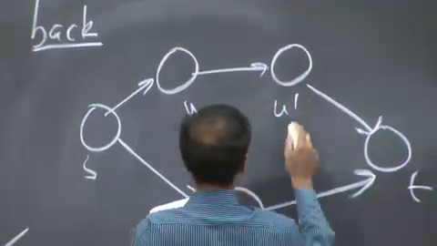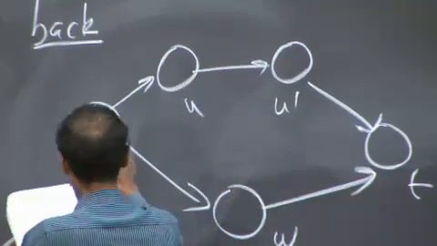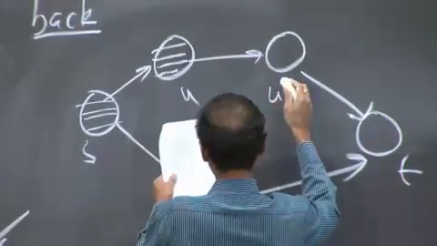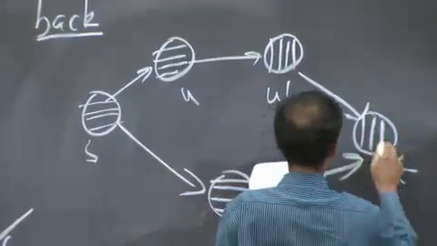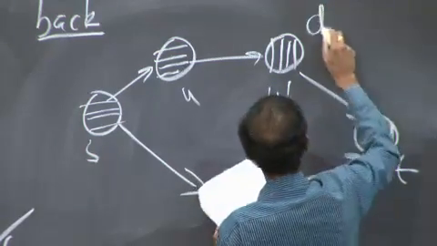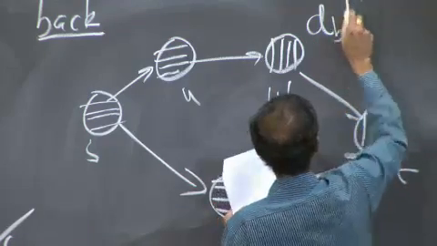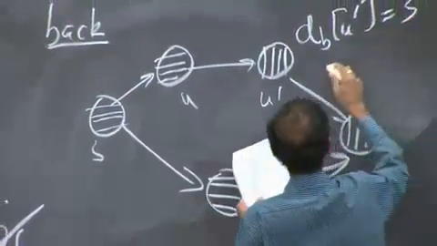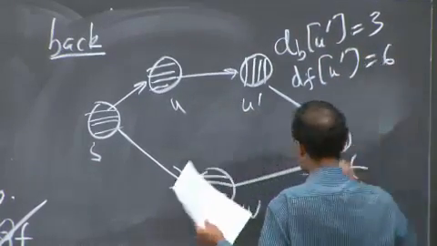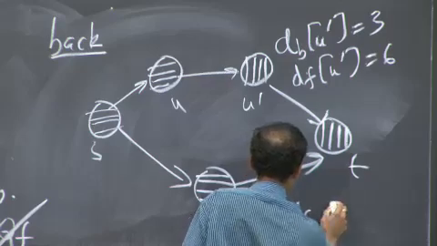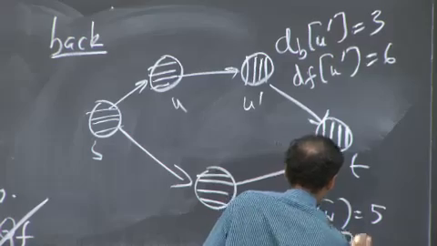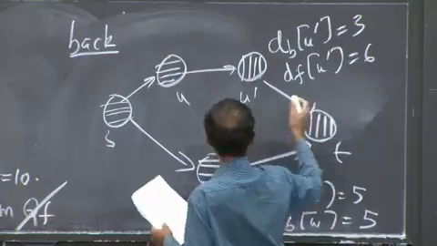And so this was hashed, that was hashed. And if I look at what I have here, I have DB of U prime equals 3, DF of U prime equals 6. This was DF of W equals 5, DB of W equals 5, and so on and so forth.